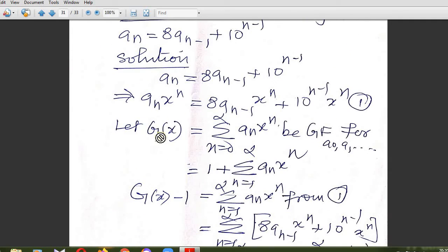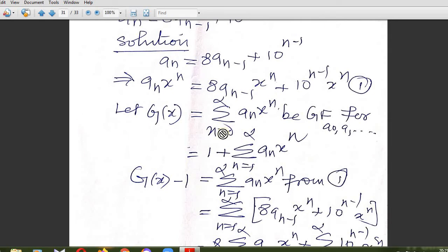Right. Now we know the general form of a generating function: g of x equals summation n from 0 to infinity a_n x power n, where a0, a1, a2 are the sequence for which this is the generating function. Now n equal to 0 is substituted.